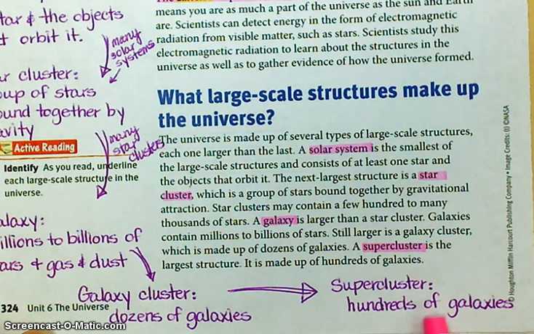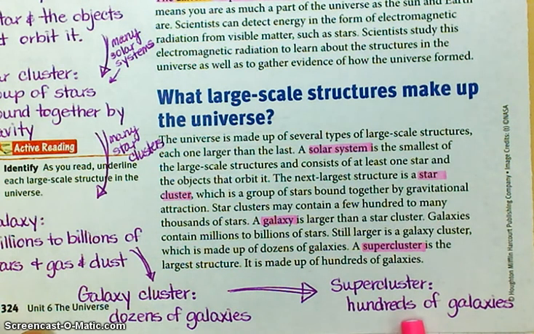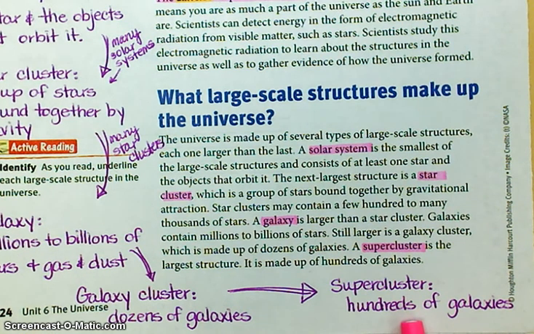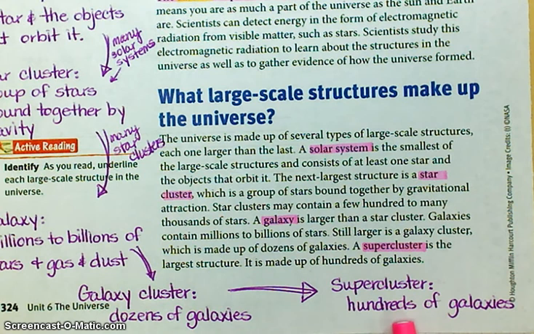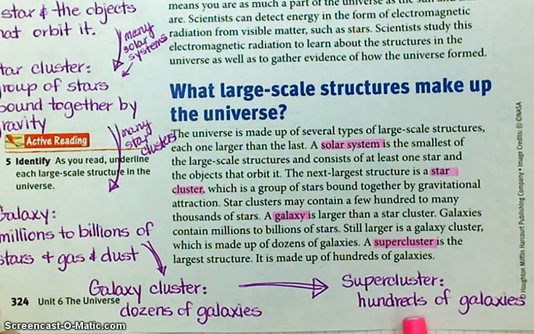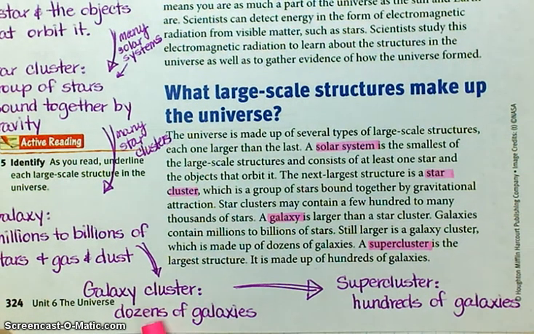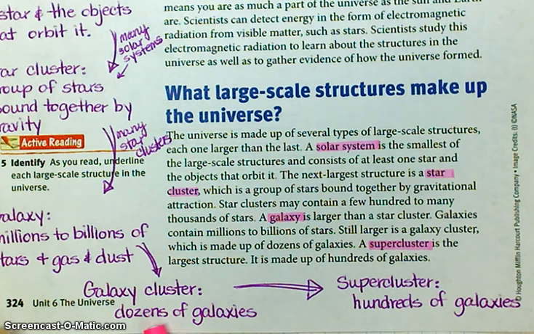Okay, what we have primarily are large clusters of galaxies that are kind of clumped together, and we're going to call those superclusters. Within the superclusters of galaxies, we have smaller clusters, and we're just going to call those galaxy clusters.